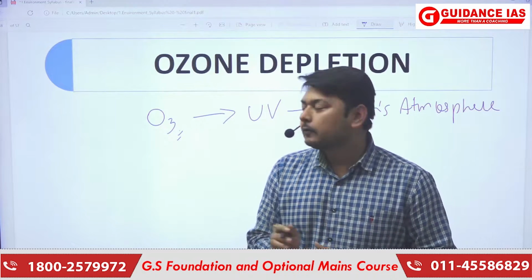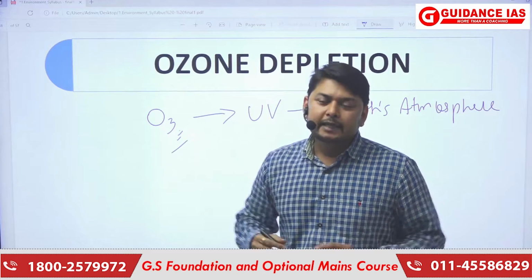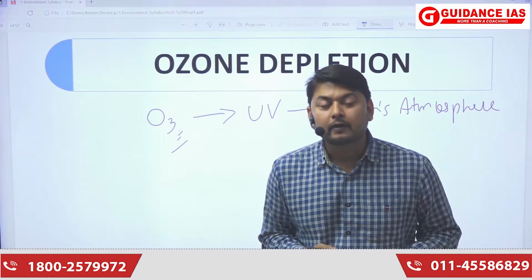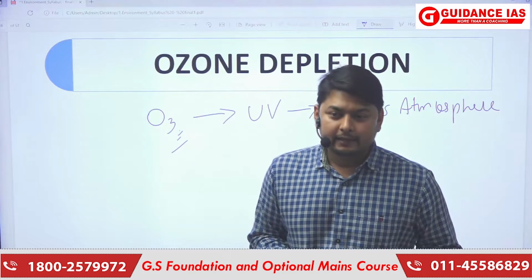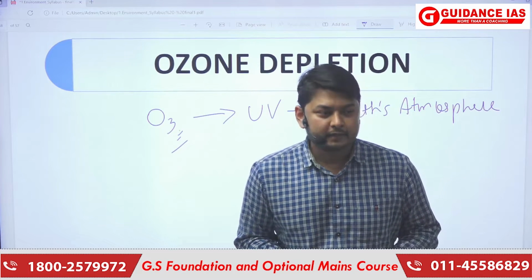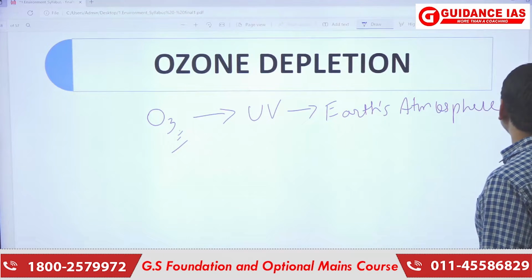So this leads to the depletion of the ozone layer. We will study what the bad effects of ozone depletion are, and how we can decrease the rate of depletion of the ozone layer. We'll be studying all these topics in ozone depletion.